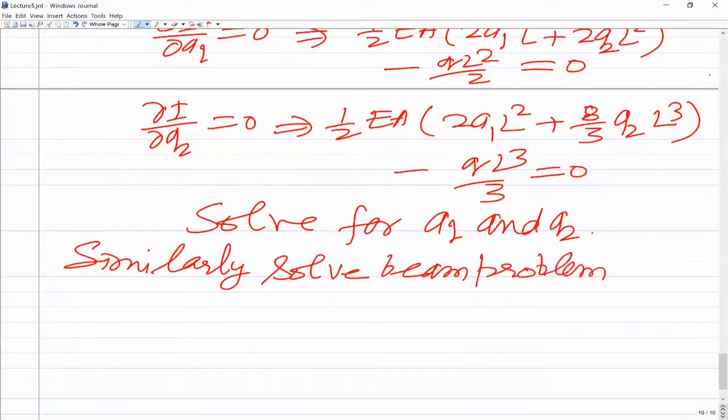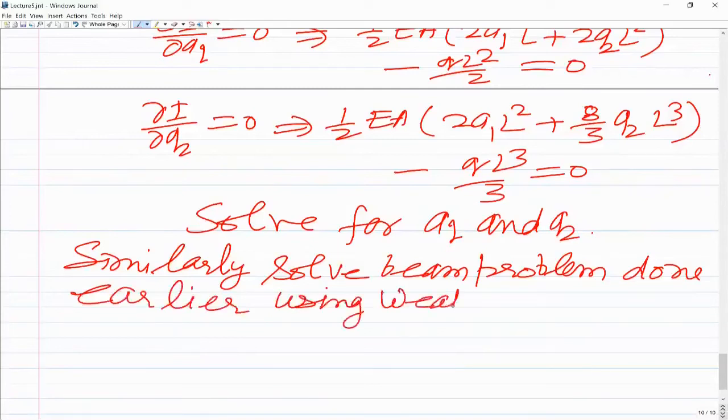For the beam we have already derived the integral functional, and we have solved this problem using the weak form and the weighted residual method also. So please do this.